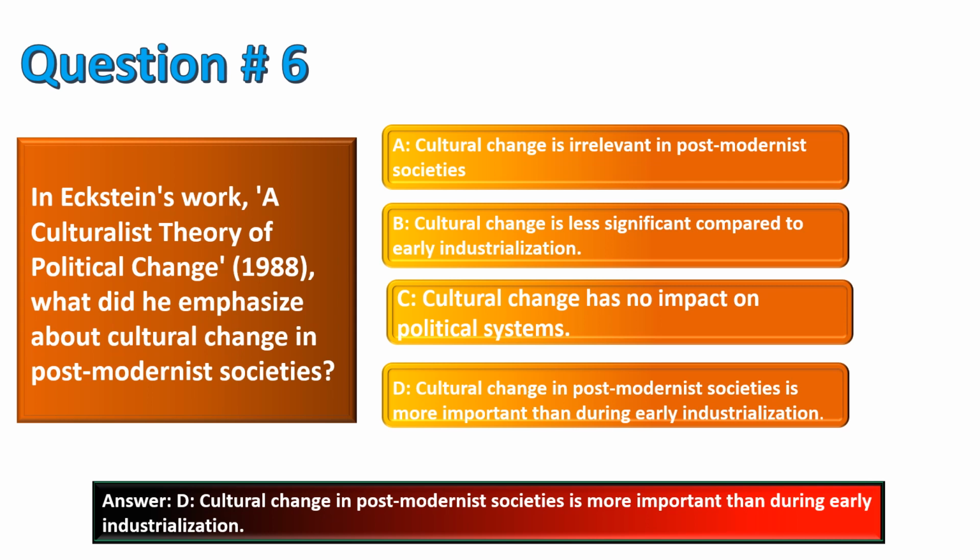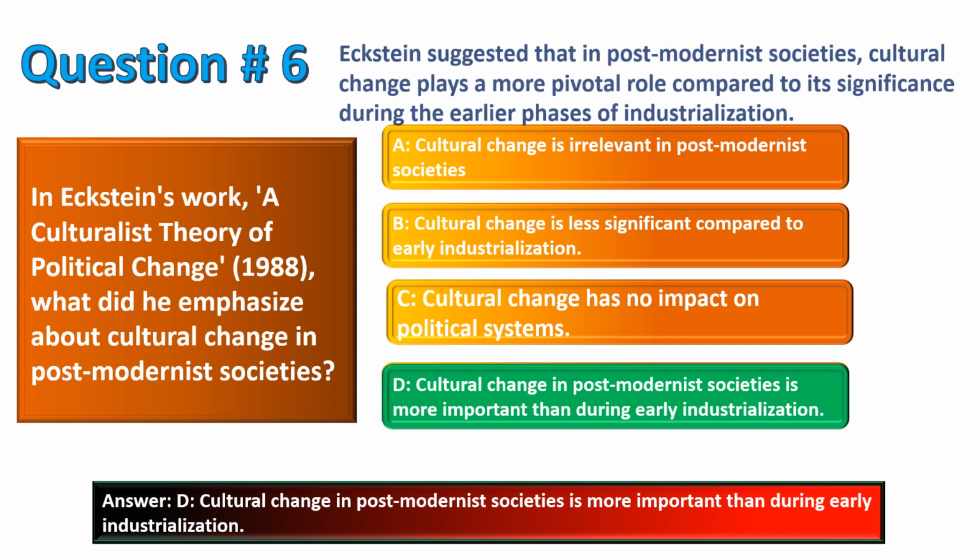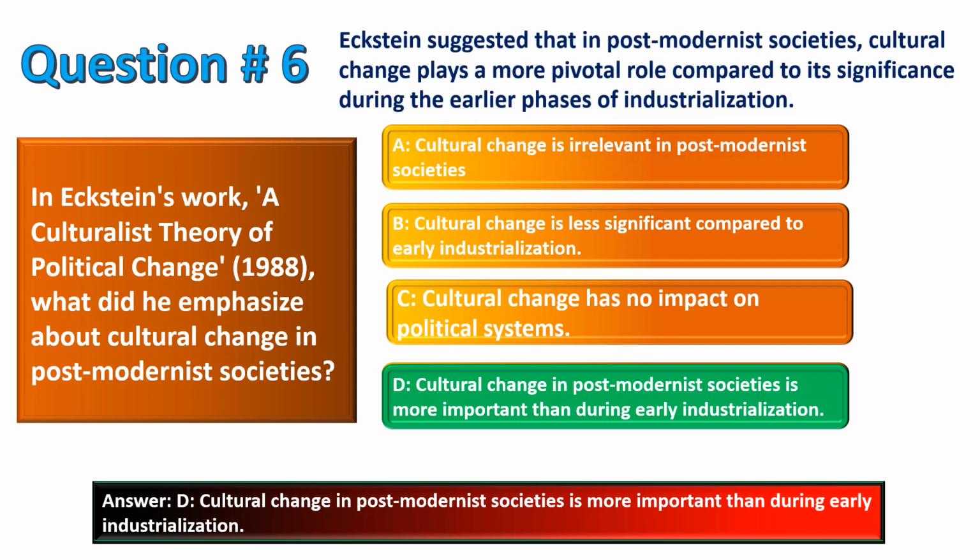The correct option is option D. Cultural change in postmodernist societies is more important than during early industrialization. Inglehart suggested that in postmodernist societies, cultural change plays a more pivotal role compared to its significance during the earlier phases of industrialization.